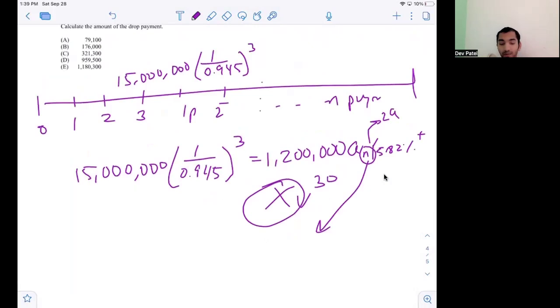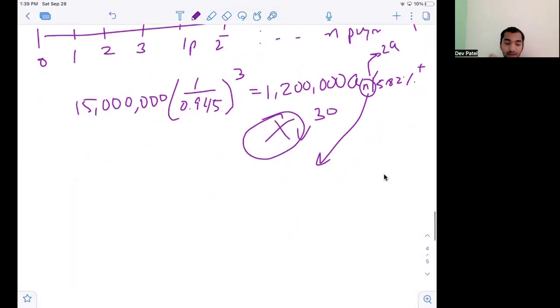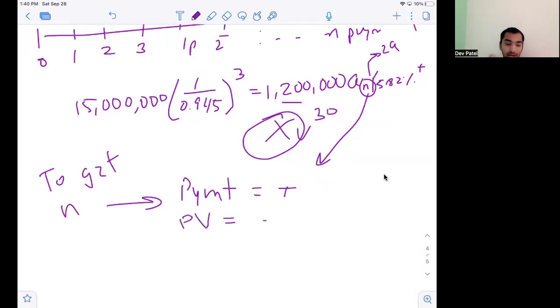One of the key things I want to point out here is how you're plugging these numbers into your BA II Plus financial calculator. You want to make sure that the present value is negative, future value is negative, and payment is positive. So to get n, you plug in payment as positive 1.2 million. Our present value is going to be negative this amount.